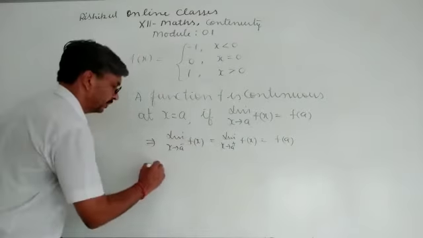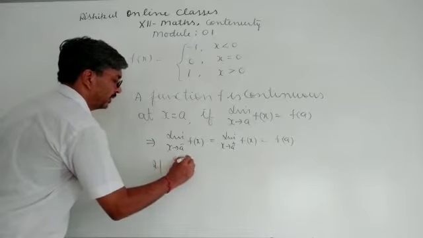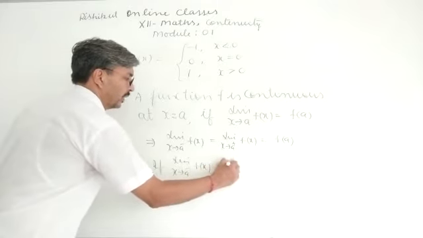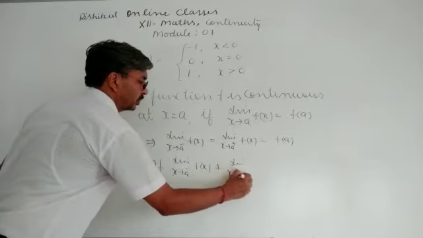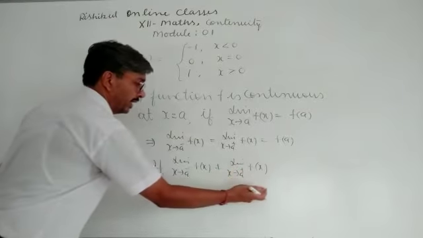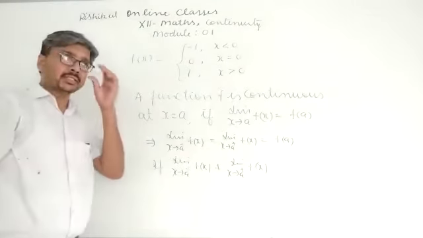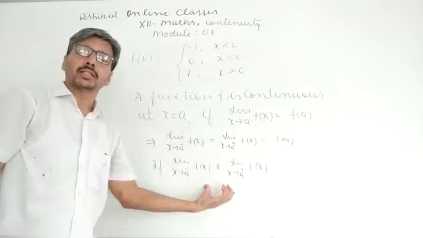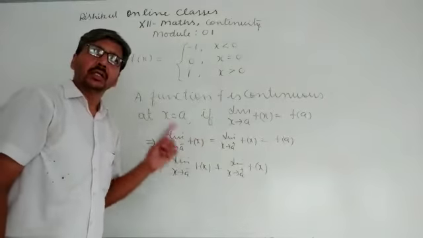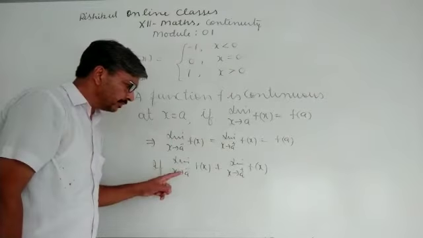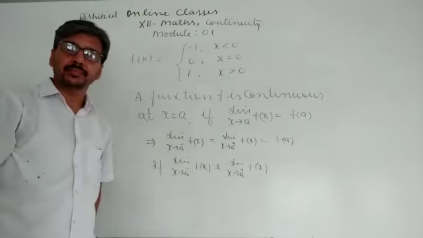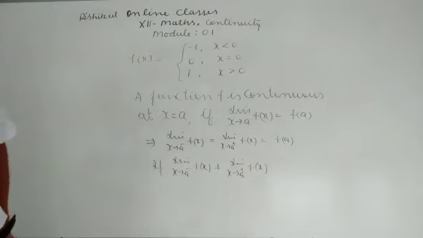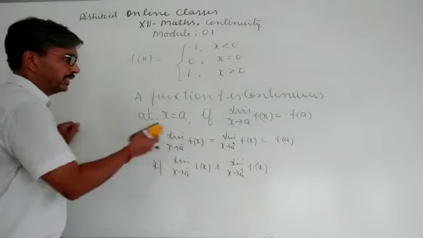And if limit x tends to a minus f(x) is not equal to limit x tends to a plus f(x), what does it mean? It means the limit does not exist, and we will say that the function is not continuous at x equal to a.